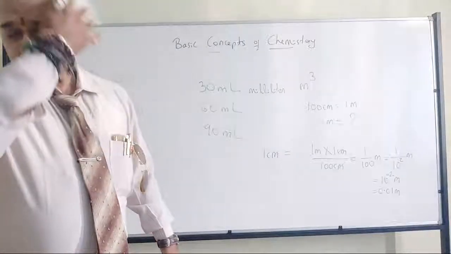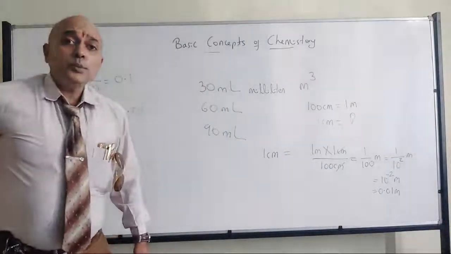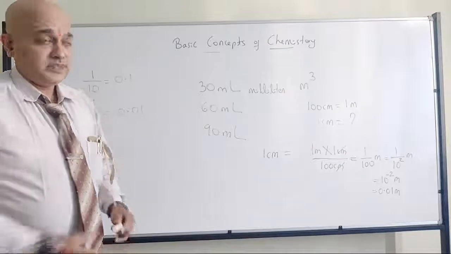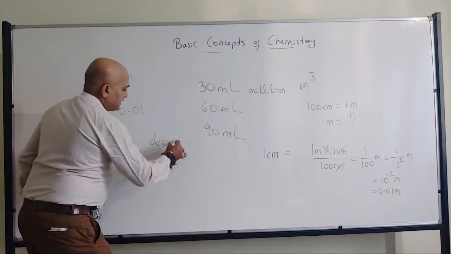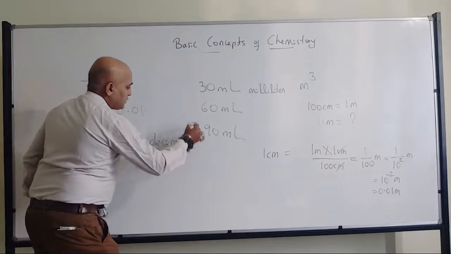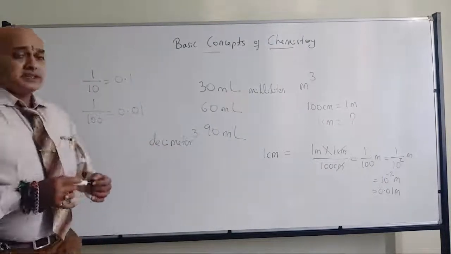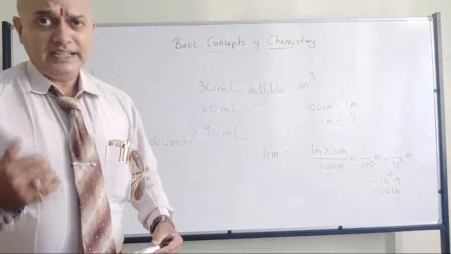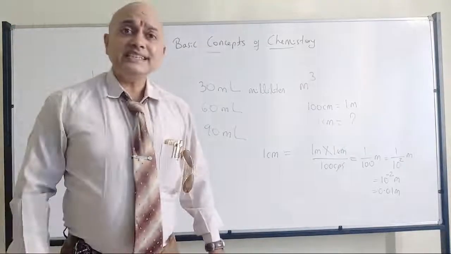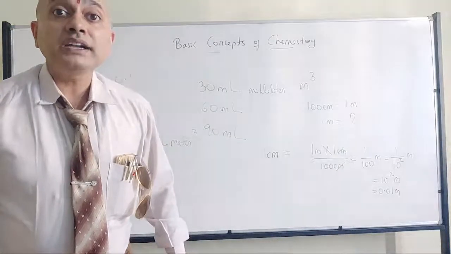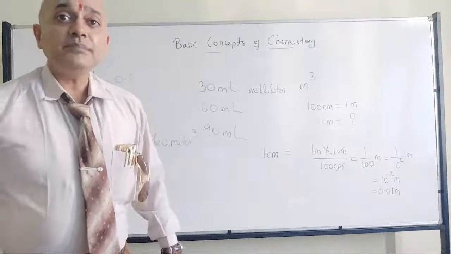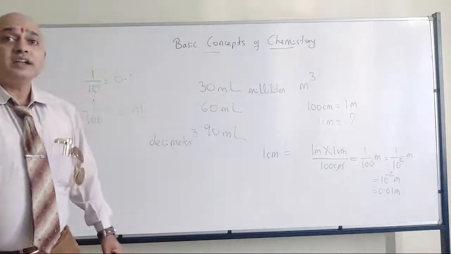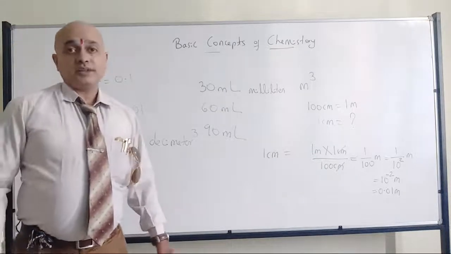No doubt, right? Now, when I am talking about decimeter cube, deci stands for divided by 10. Deca means 10, so deci means divided by 10, or 10 to the power of minus 1.